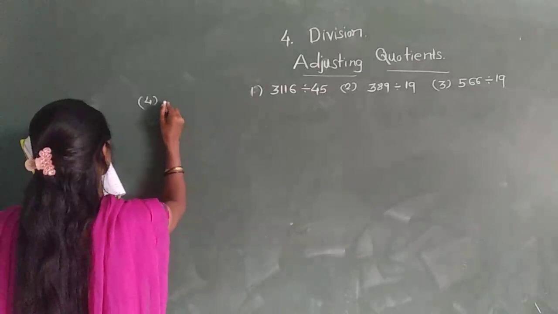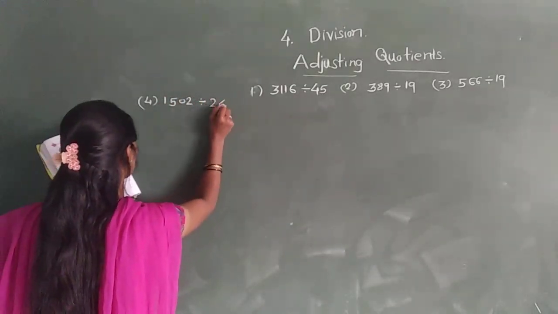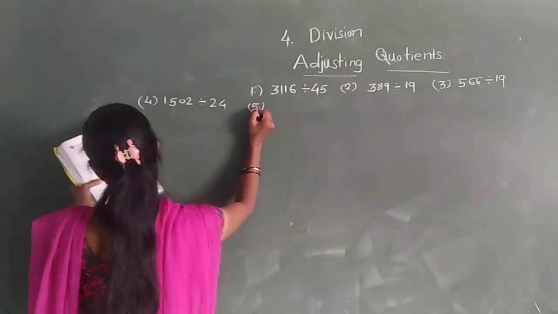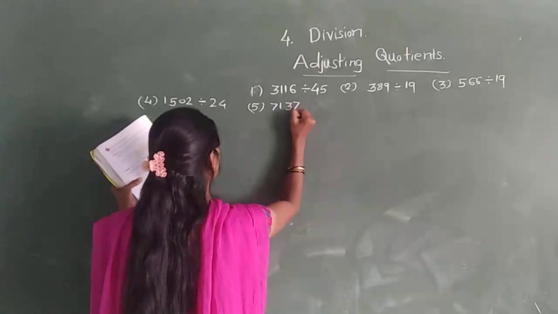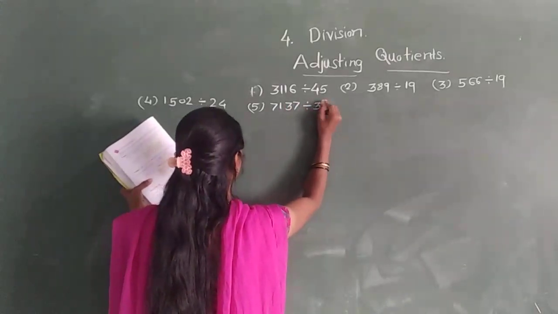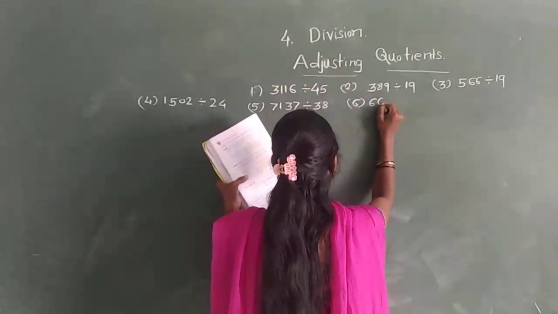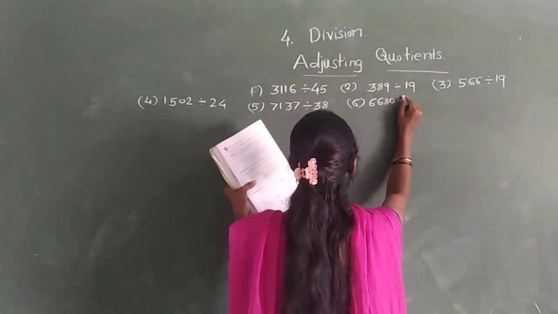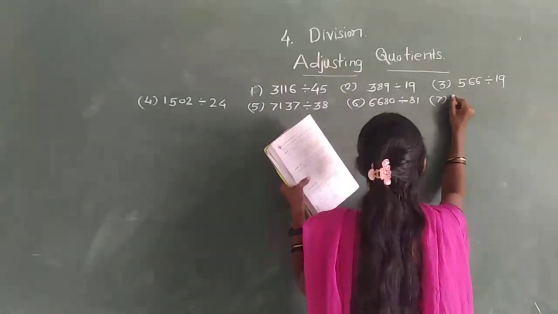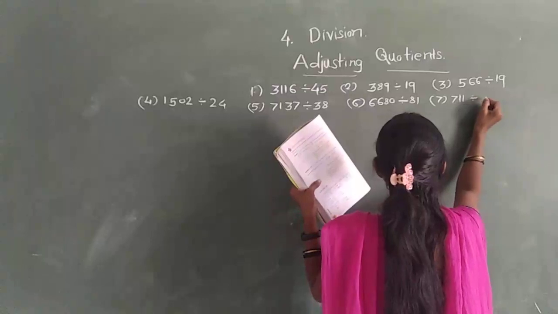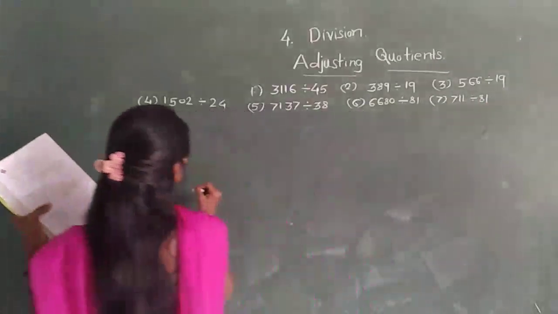Fourth, 1502 divided by 24. Fifth, 7137 divided by 38. Sixth, 6680 divided by 81. Then 711 divided by 81.